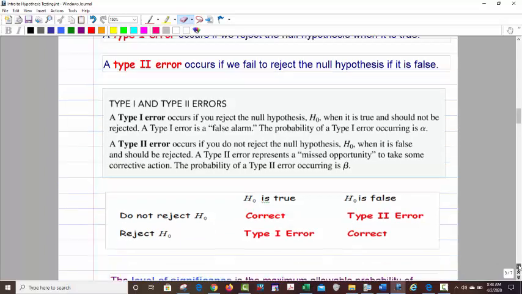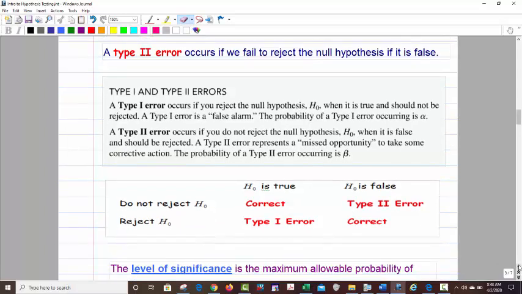So, it's kind of 4 scenarios that can happen in a hypothesis test, and 2 of them are meaning they would have been correct, and then the other 2 are the errors. Now, don't misinterpret this chart, and this doesn't mean these are all equally likely to happen. That's not true, fortunately, because if you had a 50% chance of making an error here, this would not be a very good process.